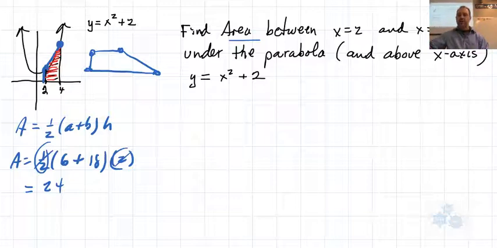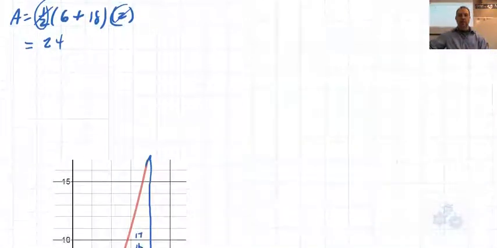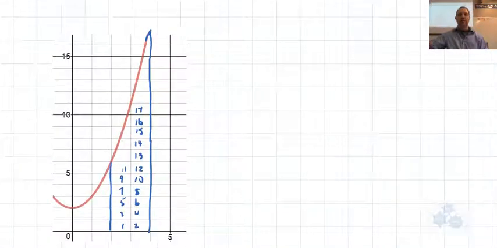Let's now go to this graph right here. What I've done is copied and pasted a little picture from Desmos, and this is the graph y equals x squared plus 2. Here is x equals 2 down here, and here's x equals 4.